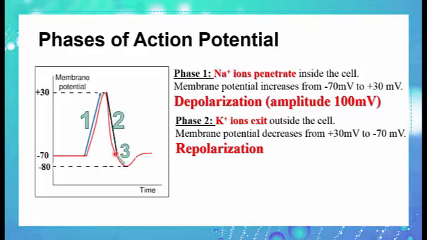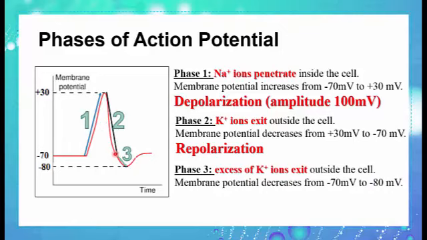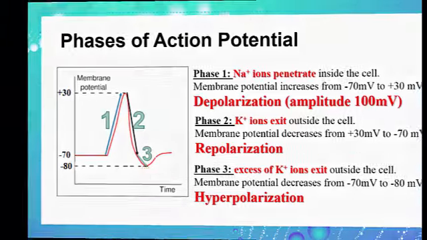But that is not what happened inside the axon. We have a third phase called hyperpolarization, which makes the membrane more polarized because of the excess of potassium ions that exit outside the cell, leading to a membrane potential equal to minus 80 millivolt.